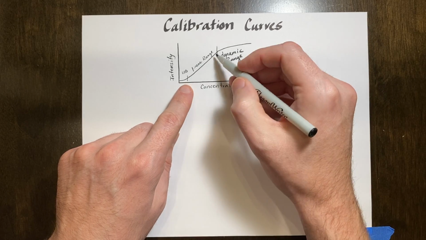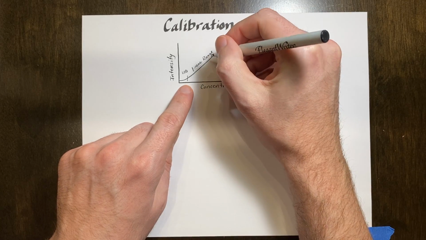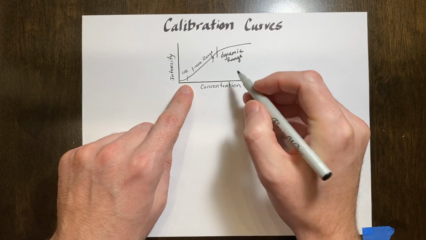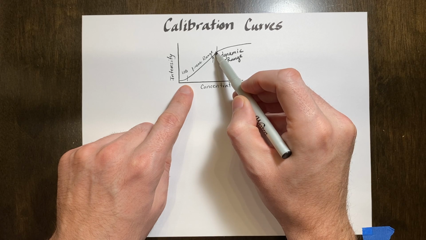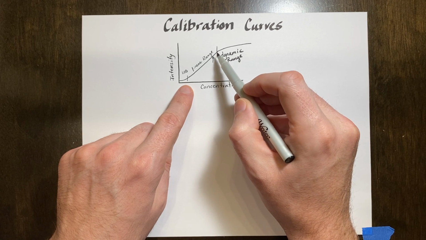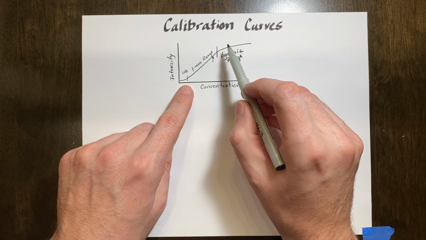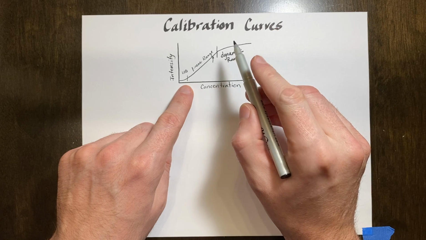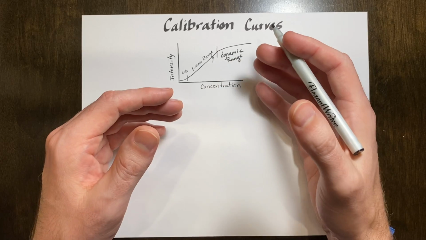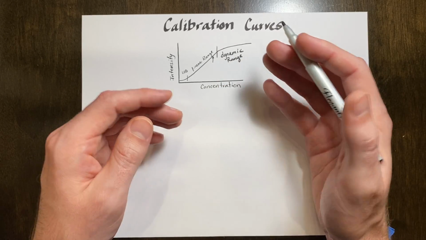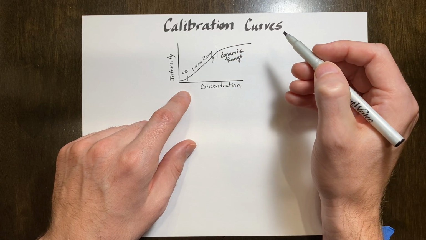If I only calibrate up to, say, this value right here, then I would not want to go very far beyond that value in my concentration, because the farther I go up from there, the larger the possibility of entering a dynamic range which I may not know about.